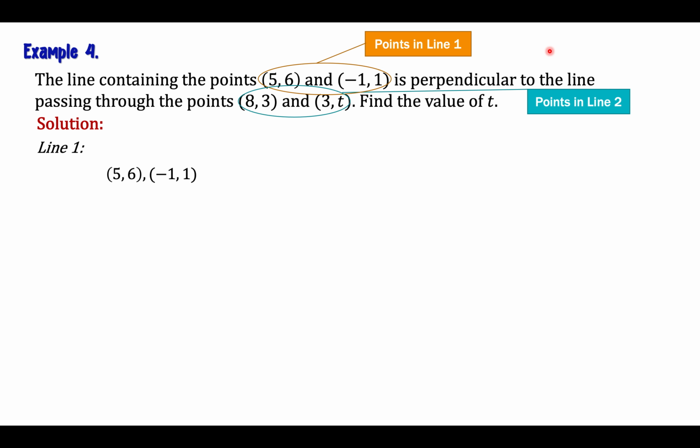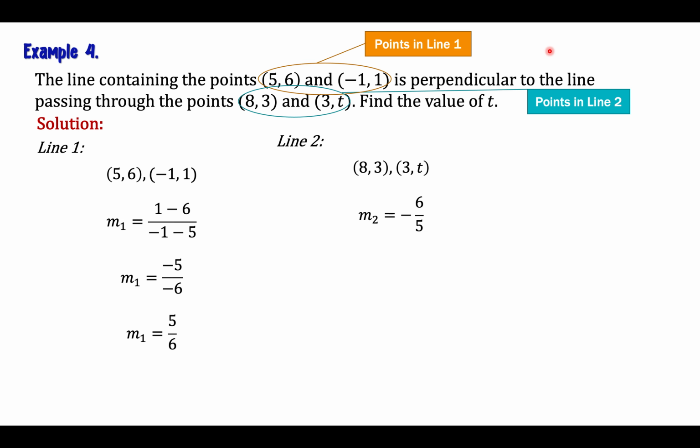So we have 5, 6, and -1, 1. By using the formula for slope, change in y over change in x, we have 1 minus 6 all over -1 minus 5. And that is -5 over -6, and that will give us 5 over 6. And because they are perpendicular with one another, for 8, 3, and 3, t, their slope must be its negative reciprocal.